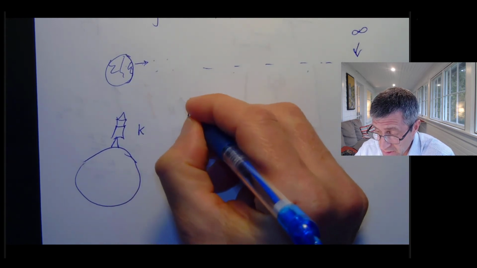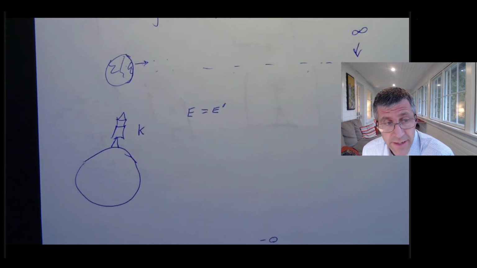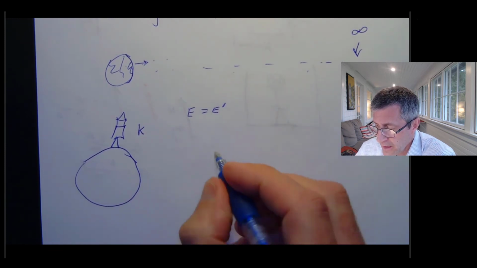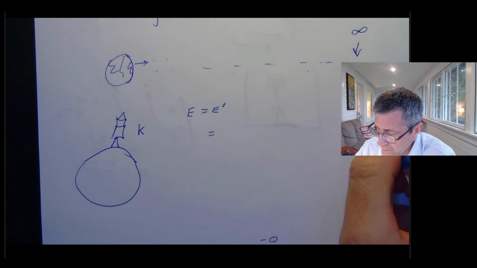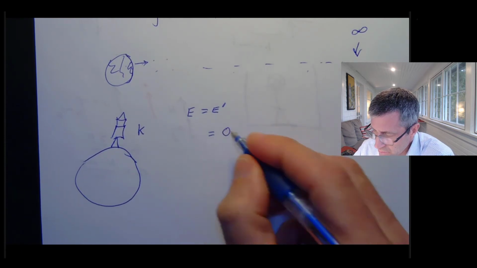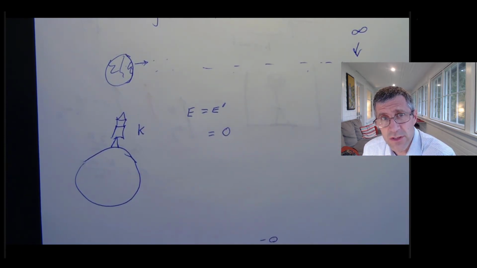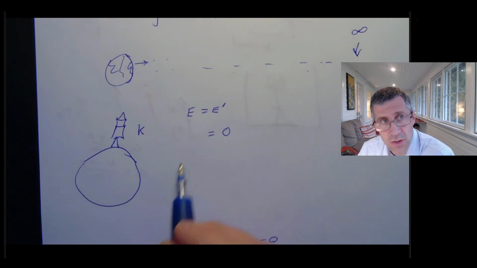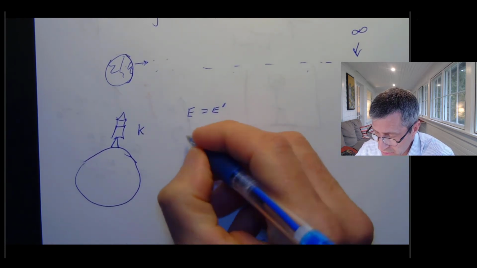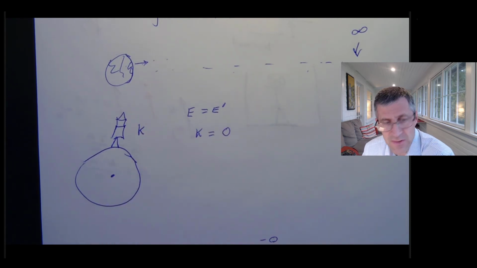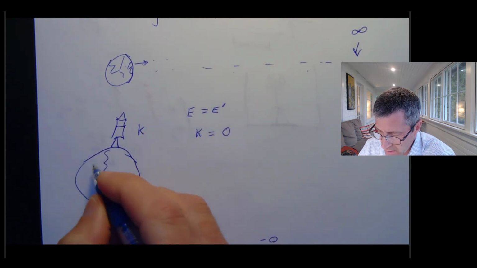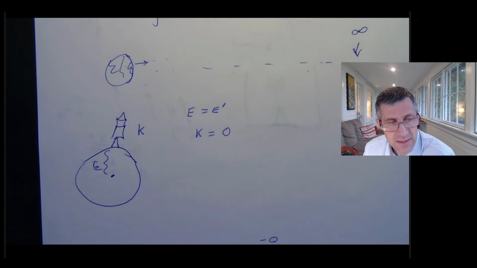So the energy that I start with is going to be equal to the energy that I end with. At the end, I'm going to end with only gravitational potential energy, which is going to be 0 at the edge of the universe. I'm going to start with two things, so I'm going to be careful here. I'm going to start with kinetic energy, yes. But also notice I'm not at the center of Earth, so I'm going to have some distance.